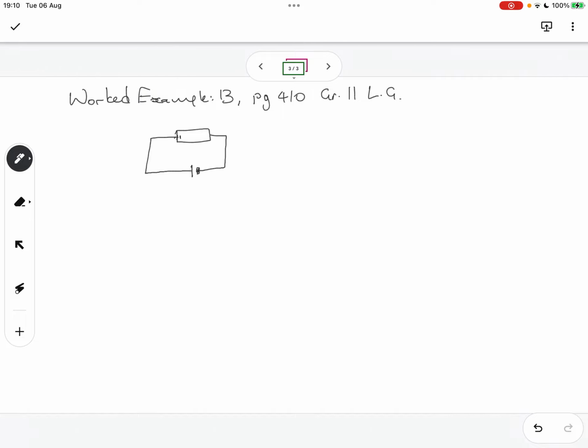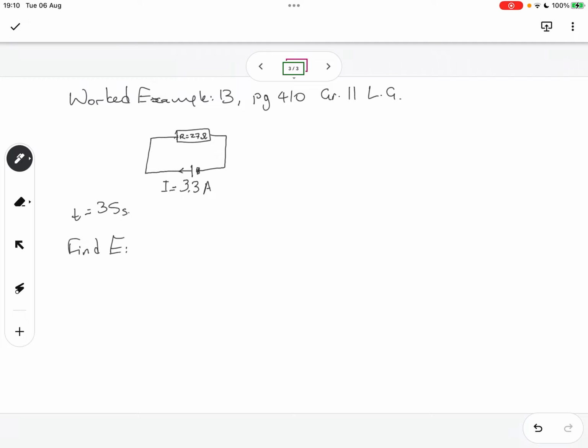The resistor has a resistance of 27 ohms, and the current going through is 3.3 amps. And we must find the energy dissipated in 35 seconds. So we must find that energy.